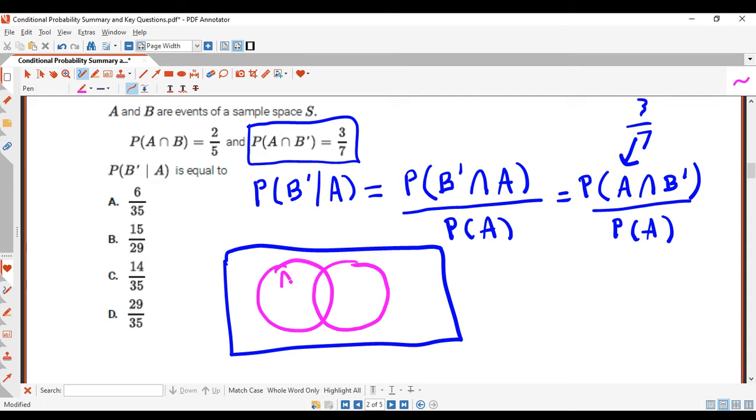Let's call this A and this B. Let's have a look at what A and not B means. Not B, so let's use a different color for this, is everything outside of the circle B. So I'm going to color in everything outside of B.